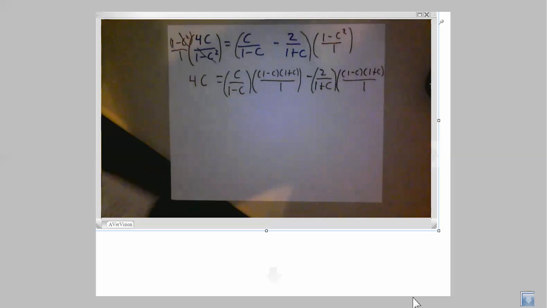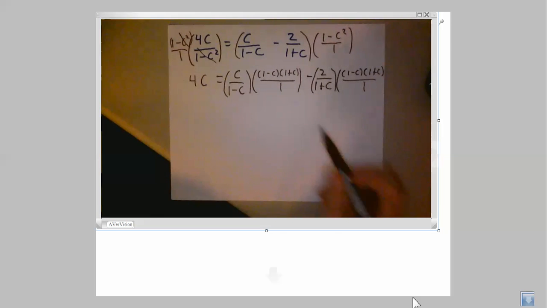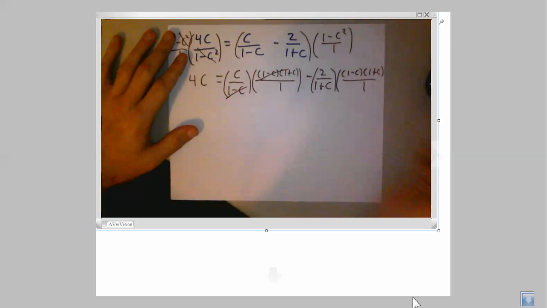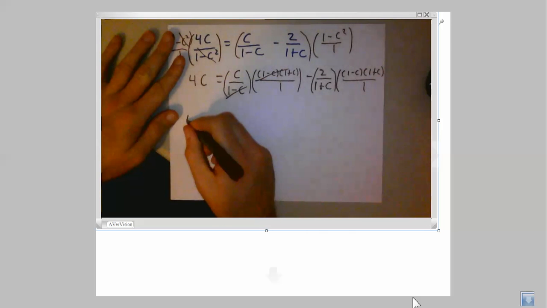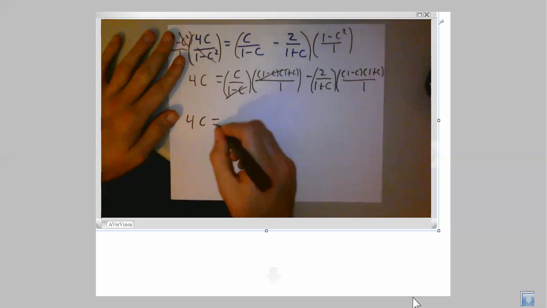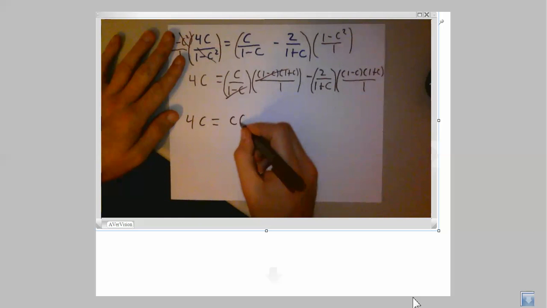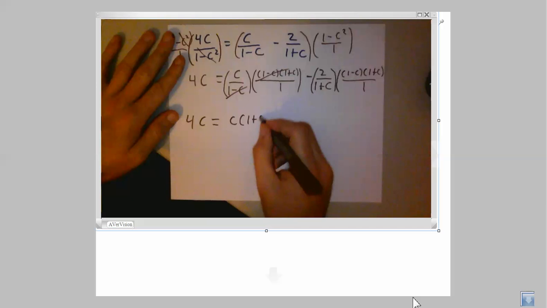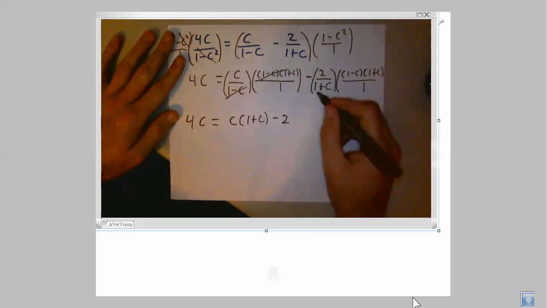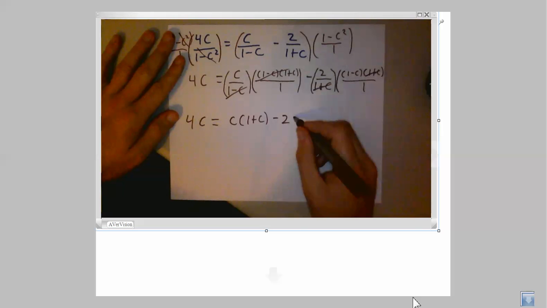Okay? So the 1 minus c over here is going to cancel with the 1 minus c. And I'm going to have 4c is equal to c times 1 plus c, minus 2, and this is going to cancel with this, times 1 minus c.